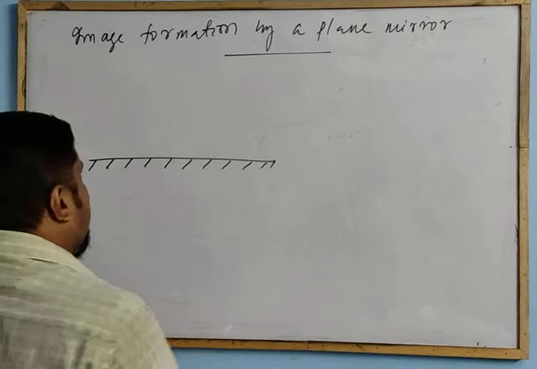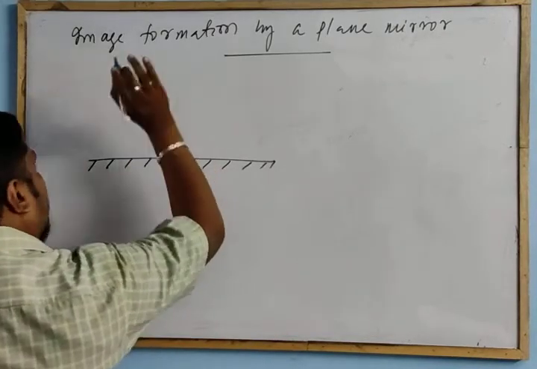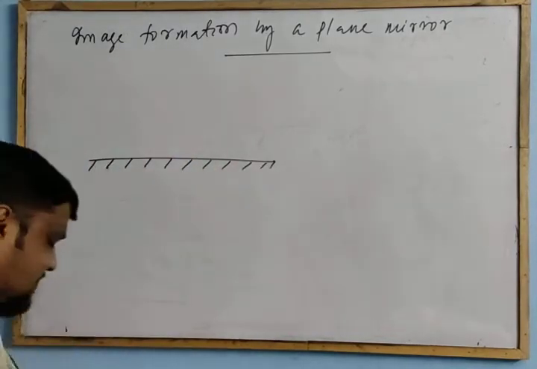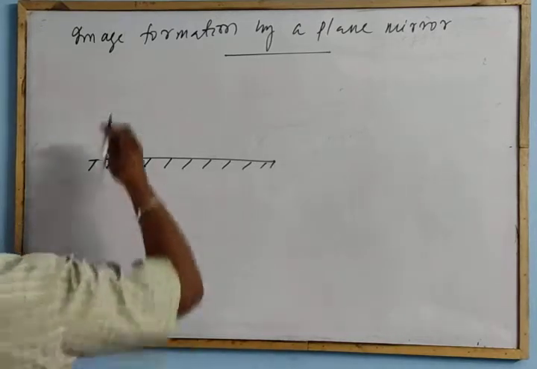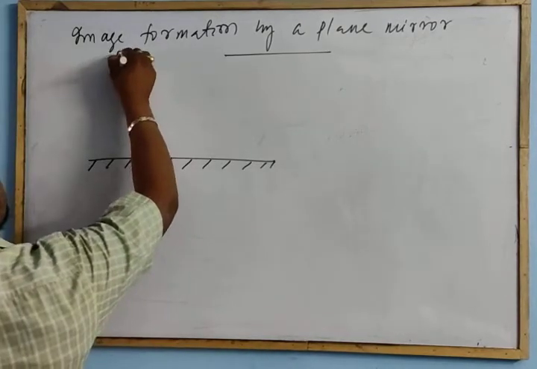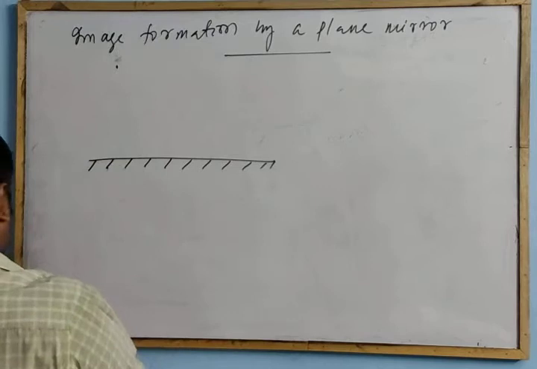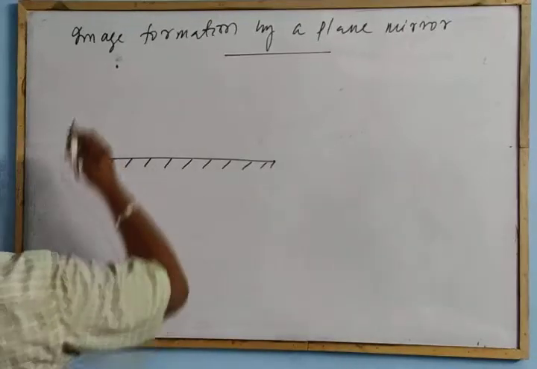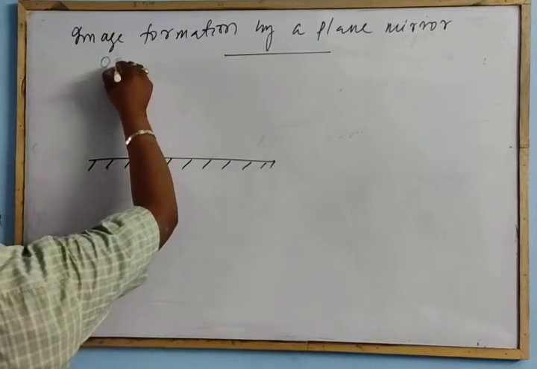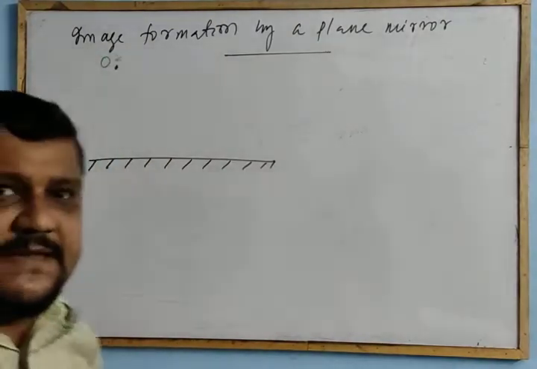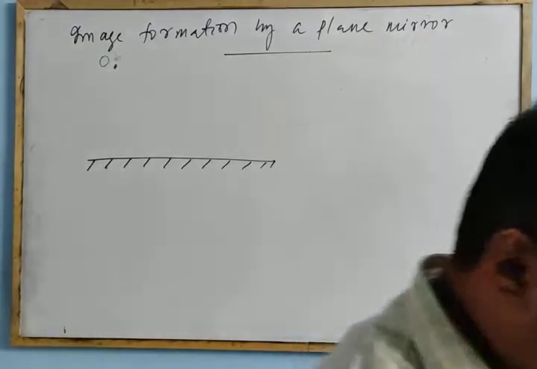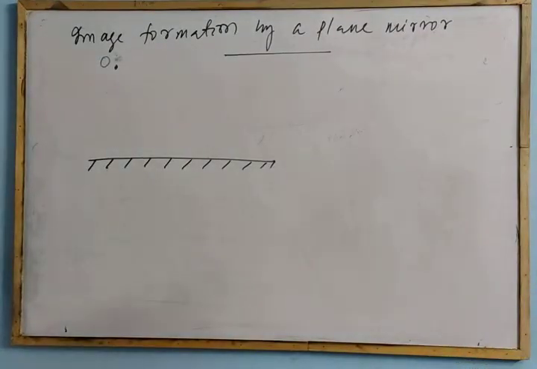Now let us consider there is an object O. O is an object. So now I want to find the image formed by this object.